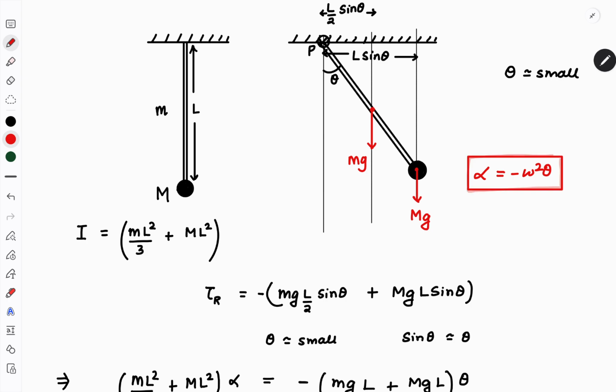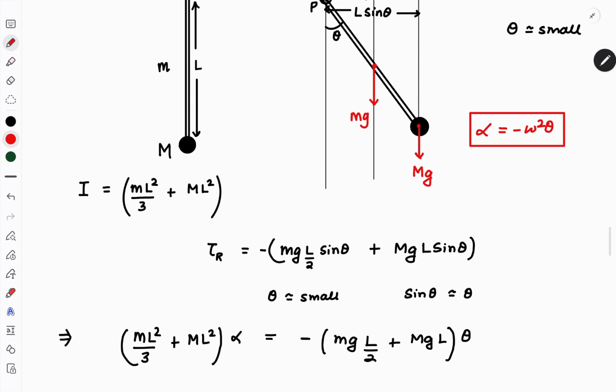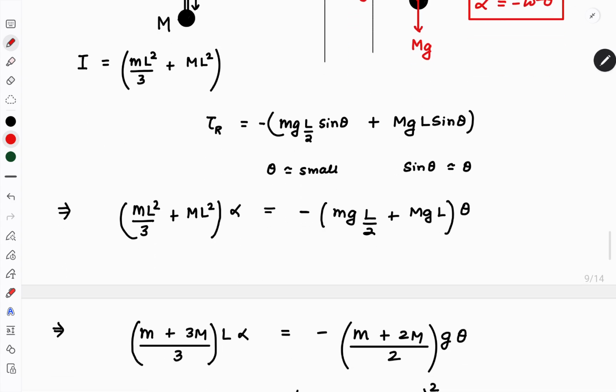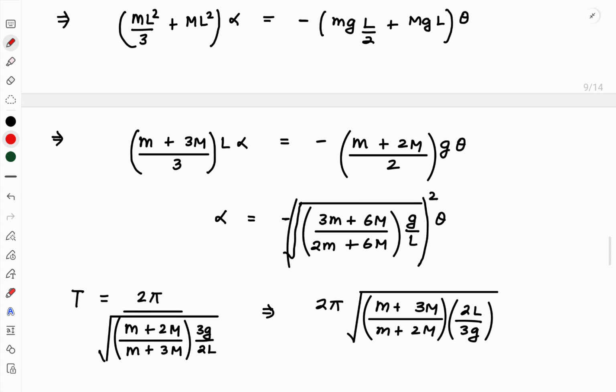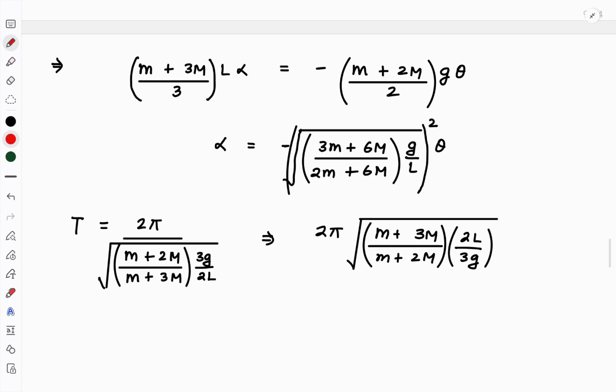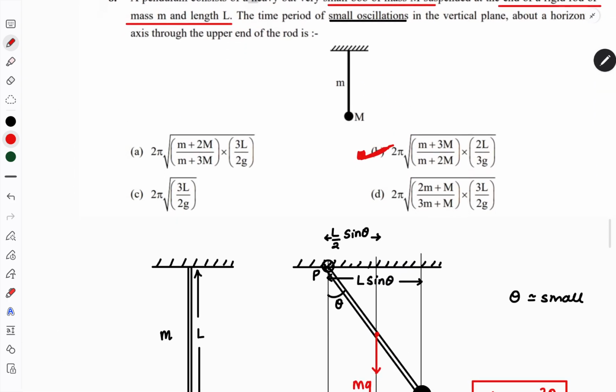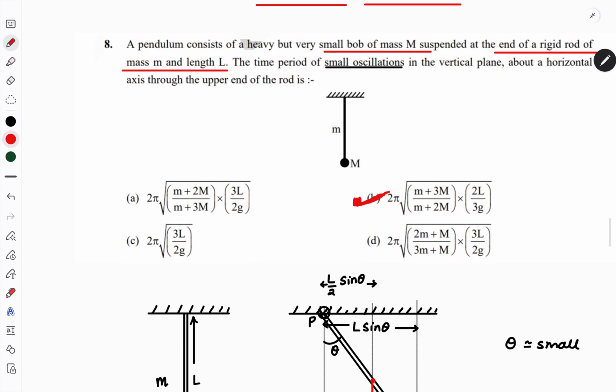The whole question is based on this idea, and to write it we first wrote the torque about the point of suspension, and then I alpha was written for both the rod and mass about the point P, and then we have done the sort of calculation which is needed to get the answer in the fashion which they want us to write. So that's the problem which we have discussed.